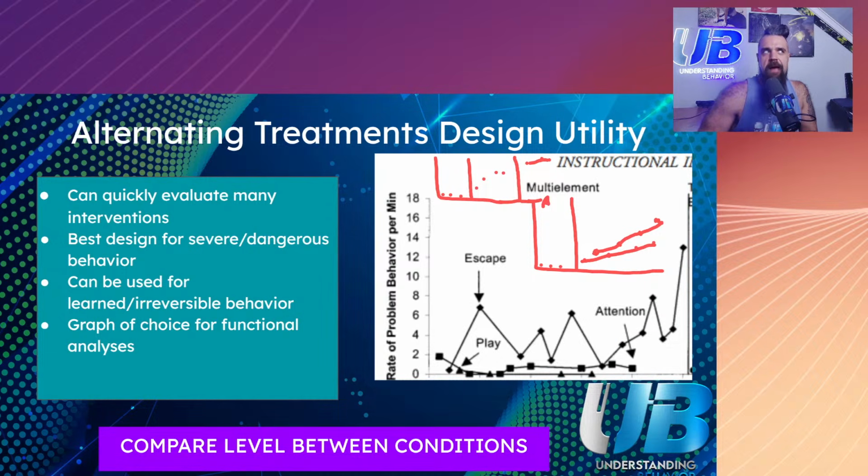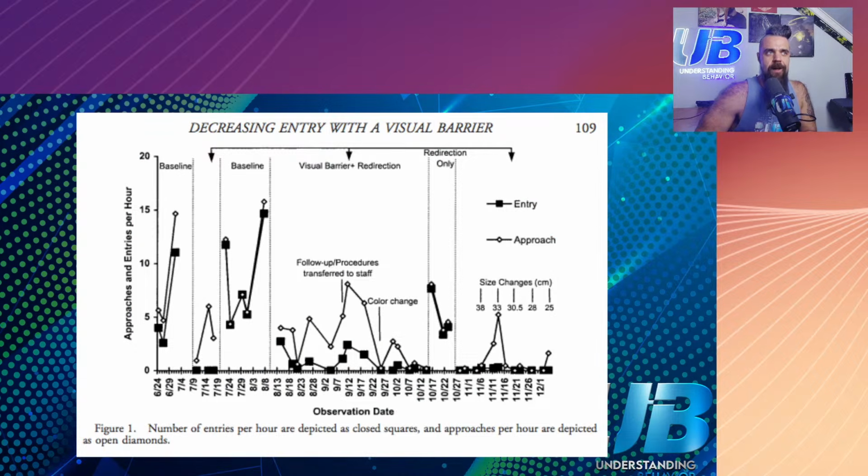Alrighty. Now that you've learned about our withdrawal designs and our alternating treatments designs, we're going to put your skills to the test. Who's ready? All right, let's take a look at this graph. One thing I want to look at before I hand you any questions is how to look at a graph. You might see this and think, this is a lot, and it's kind of intimidating.